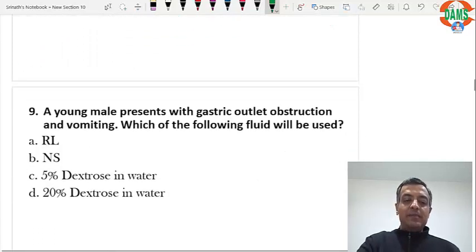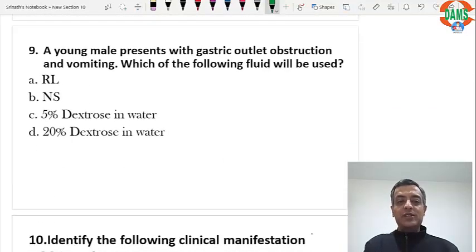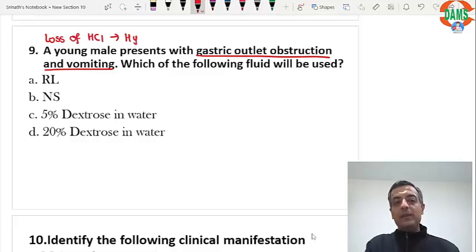When a young male presents with gastric outlet obstruction and persistent vomiting, it can lead to loss of HCl from the stomach, leading to hypochloremic alkalosis, along with dehydration because of persistent vomiting.